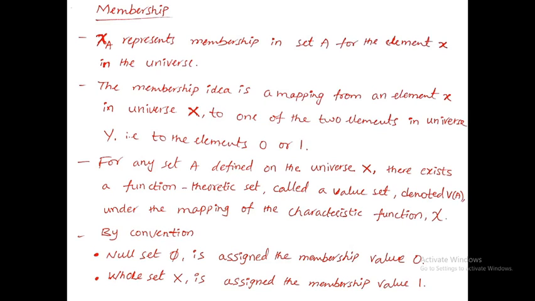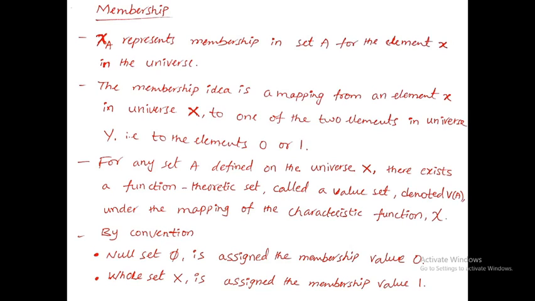For any set A defined on the universe X, there exists a function theoretic set called a value set, denoted as V of A, under the mapping of the characteristic function. That means for any set A defined on the universe of discourse X, there exists a function theoretic set called a value set, which is denoted V of A under the mapping of the characteristic function.